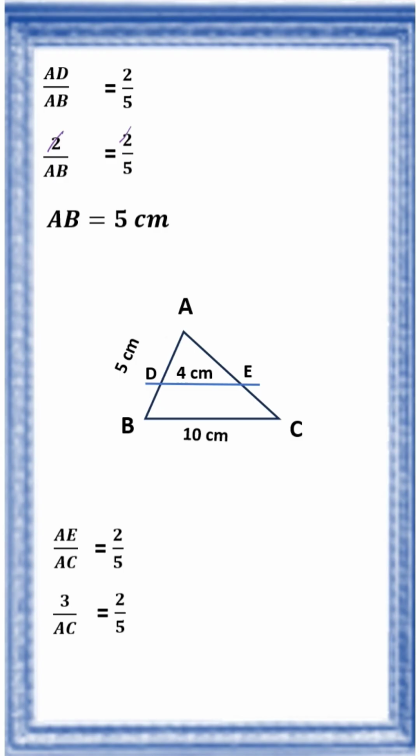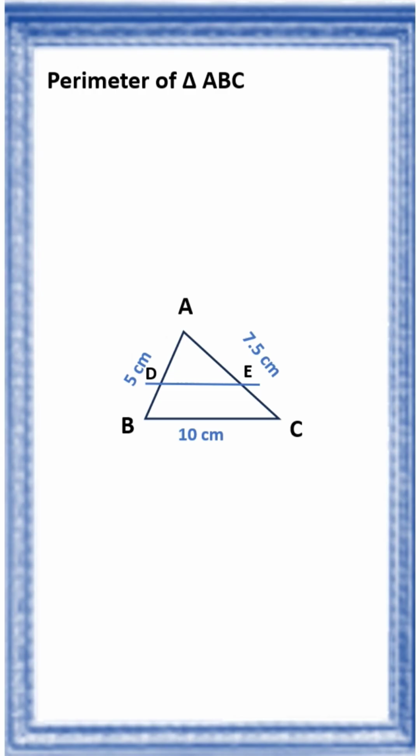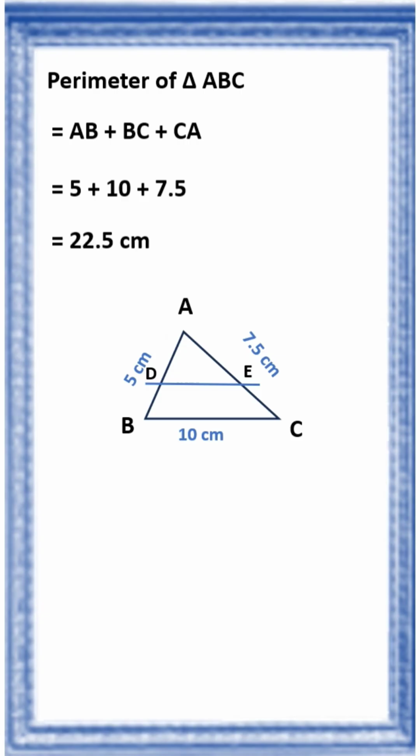So AC is equal to 5 into 3, 15 by 2, that is 7.5 centimeter. Now perimeter of triangle ABC is equal to AB plus BC plus CA, that is equal to 5 plus 10 plus 7.5, that is equal to 22.5 centimeter.